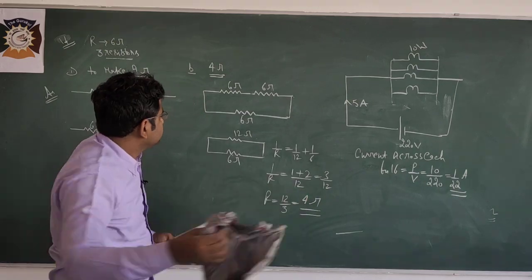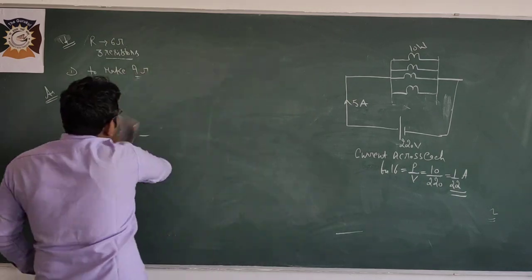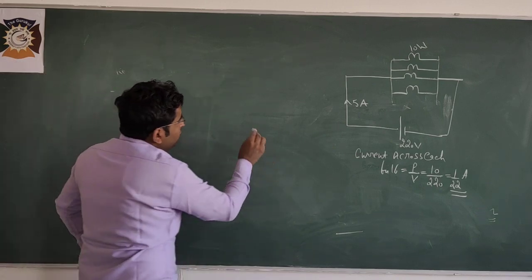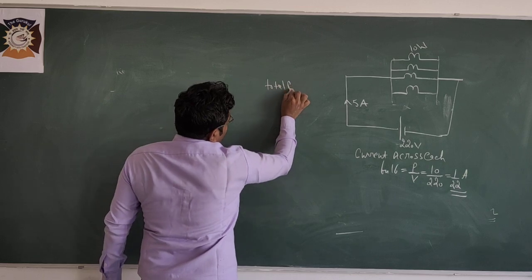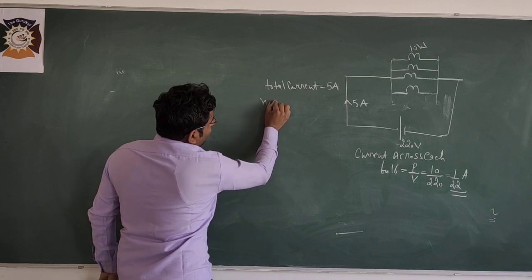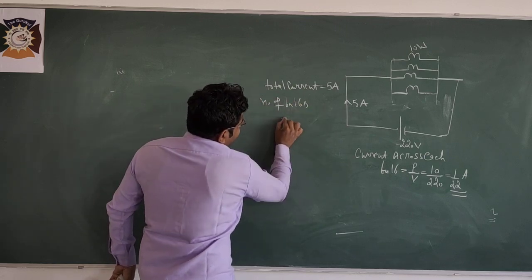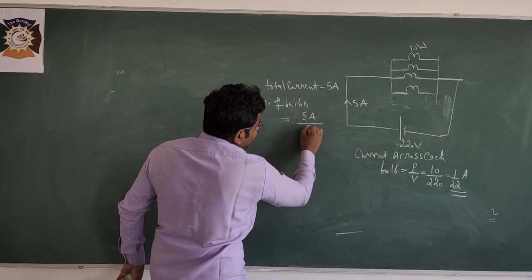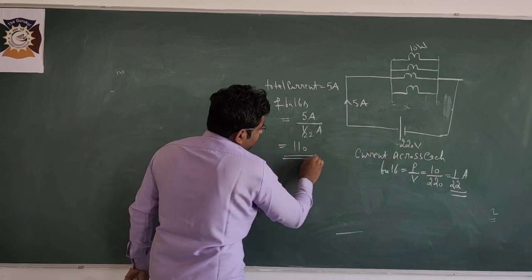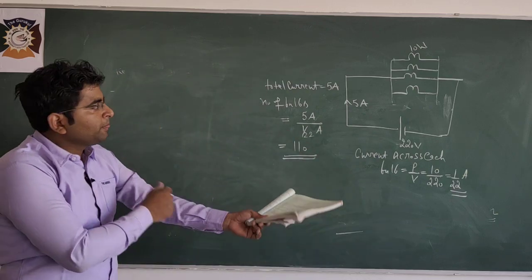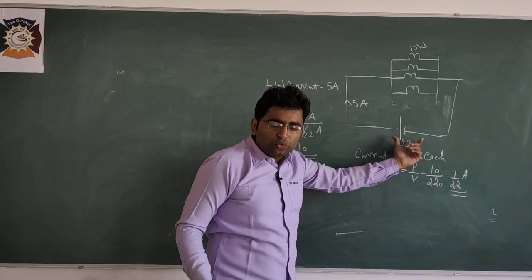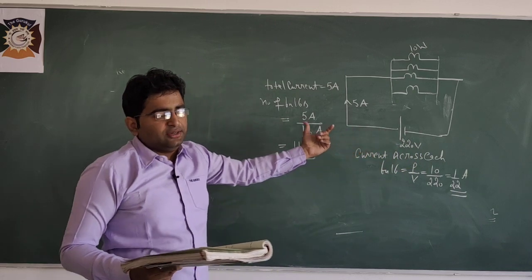So now the total current we have is 5 ampere. So the number of bulbs will be equal to total current divided by current across one bulb, and it will give 110 bulbs. You have to connect 110 bulbs in parallel to get 5 ampere current under 220 volt supply. Clear?